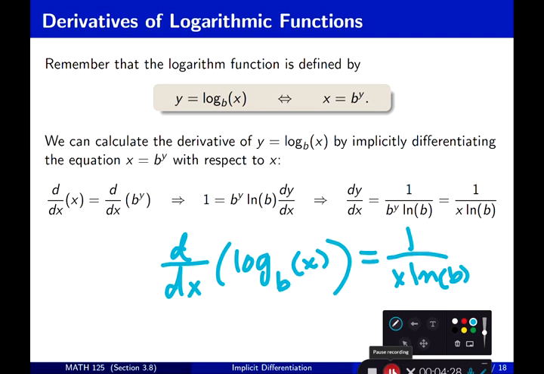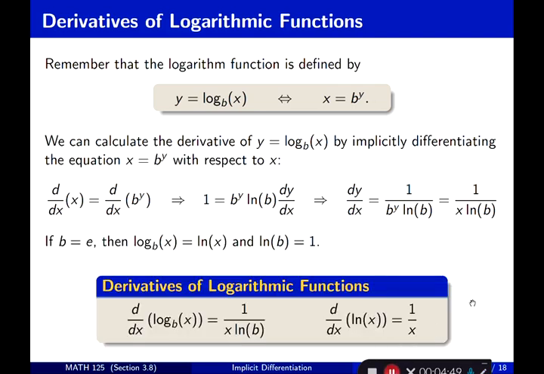And so what happens if b is e, if you're taking the derivative of natural log of x? Then the natural log of e is going to be 1. So what you get is 1 over x.